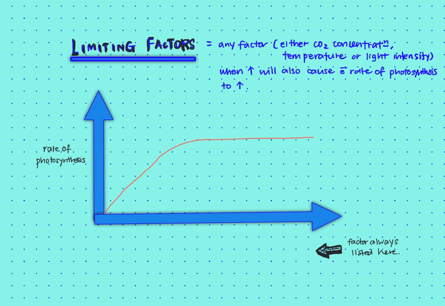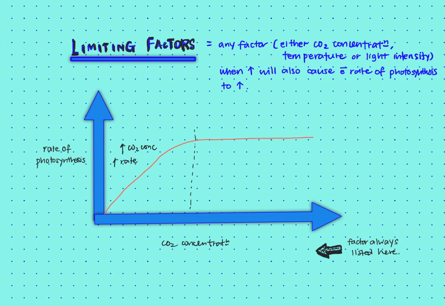For limiting factors, we are looking at any one that actually increases the rate of photosynthesis if we change it. So let's take a look at the graph in 2 parts here. For example, if I put here CO2 concentration, for this first part here, increasing the CO2 concentration will always increase the rate of photosynthesis.